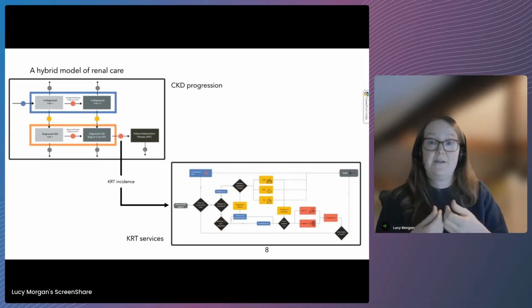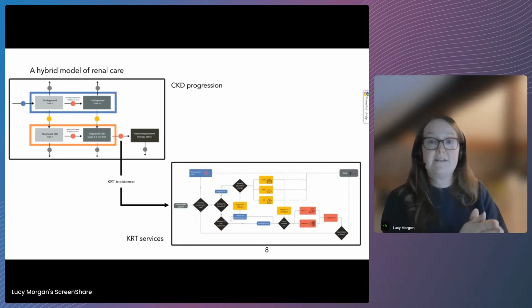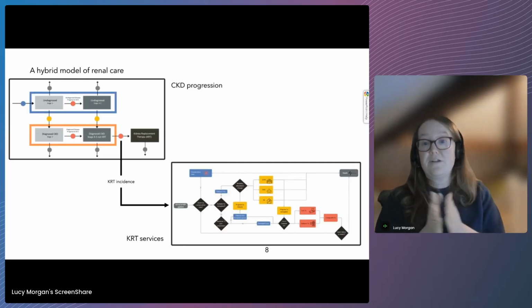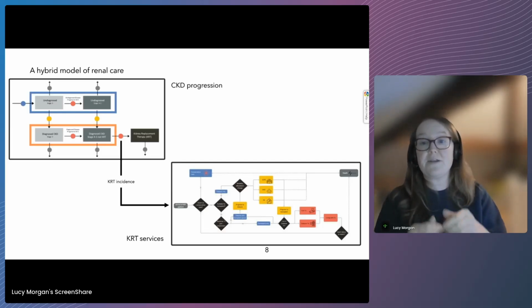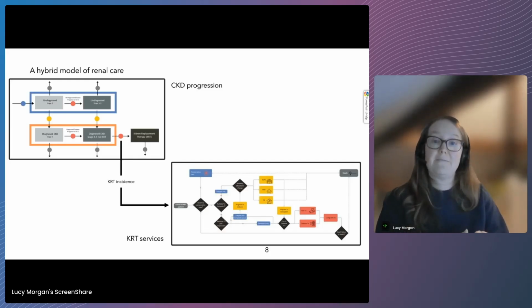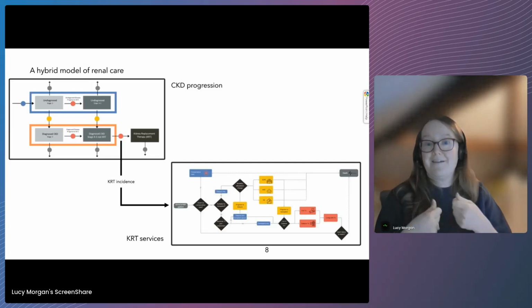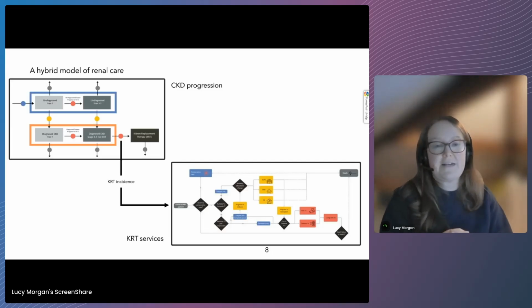And then at some point in their journey, they develop end-stage kidney disease and they require kidney replacement therapy. And it's the incidence into kidney replacement therapy that we're interested in from that model that we can then feed into our second model. So the KRT incidence from our first model actually drives our second model, because it governs the rate at which people are pushed into our second model.